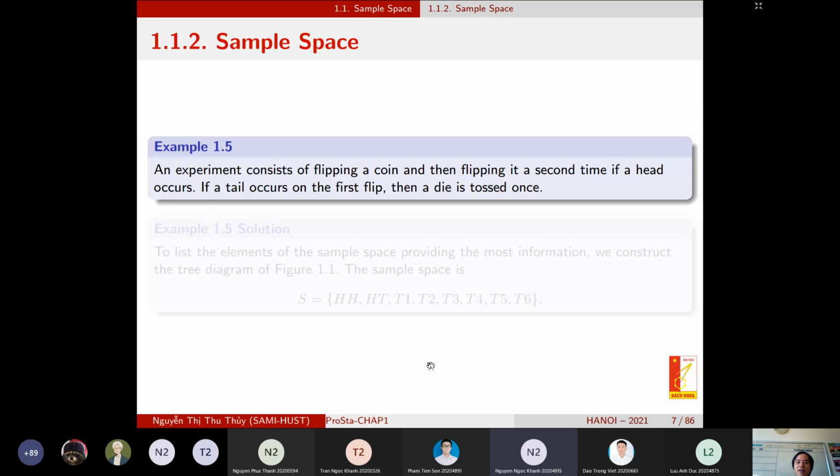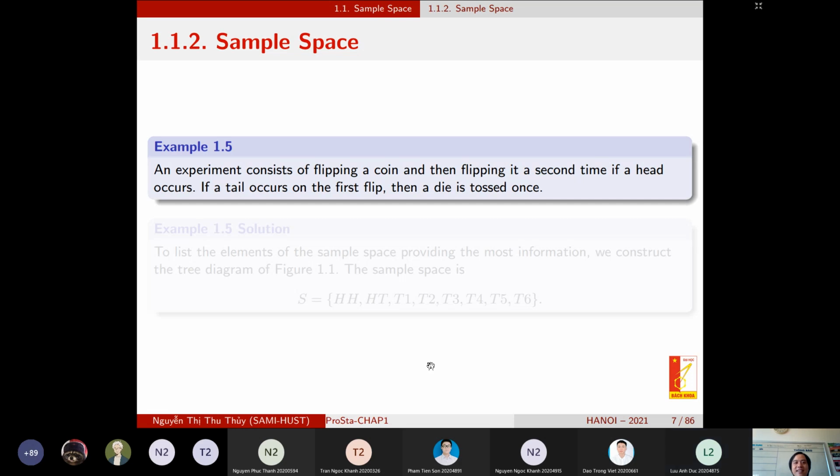Okay, why do you say that there are only 3 possible outcomes? Can you list the outcomes? Tail, head, and head tail. I think this experiment is conducted only 2 times. Can you list it? It is H, T, and T1, 2, 3, 4, 5, 6.